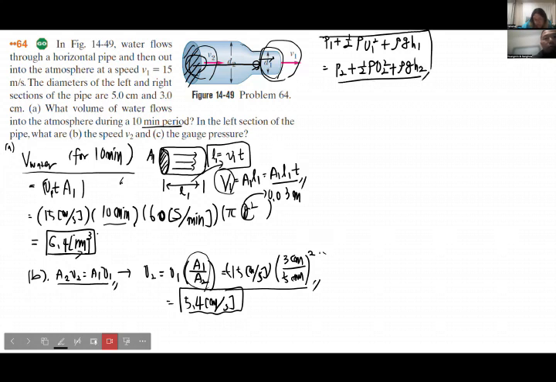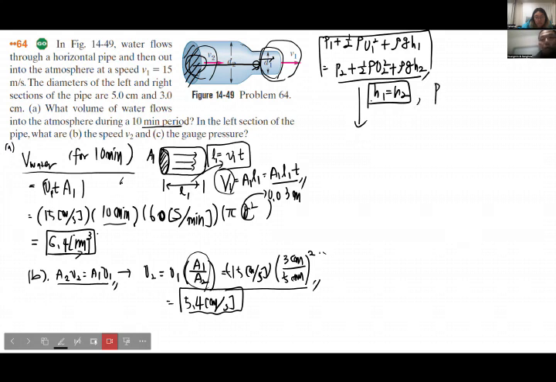That is the Bernoulli equation. Now, as you know, H1 and H2 are the same, right? As you can see, they're sitting on a perfectly horizontal streamline. So their relative height out of the reference must be the same. So H1 and H2 are the same.